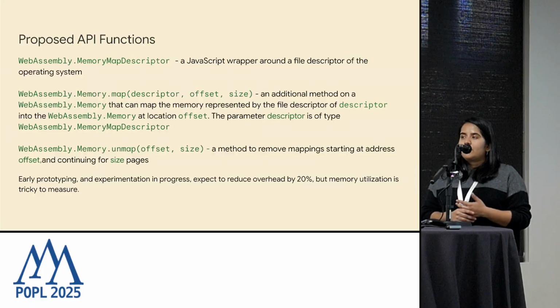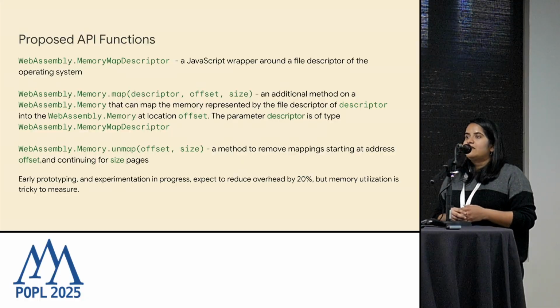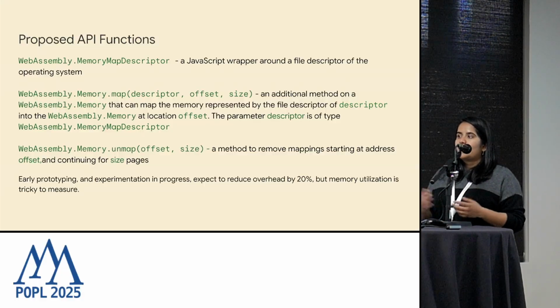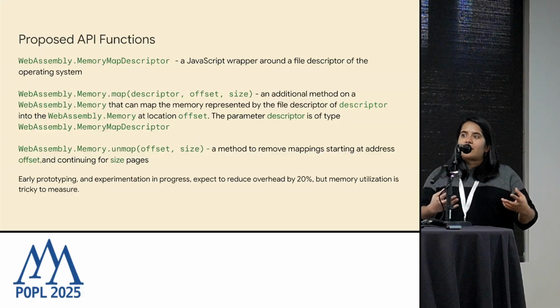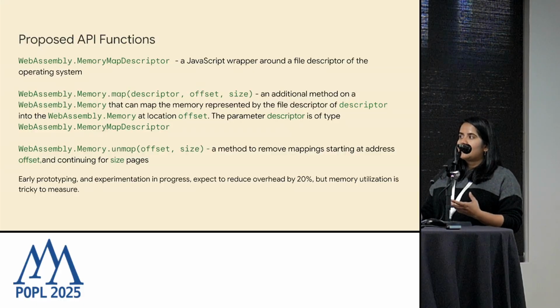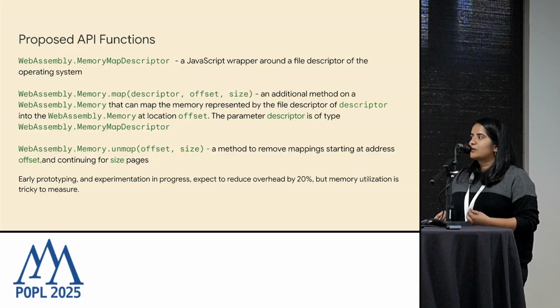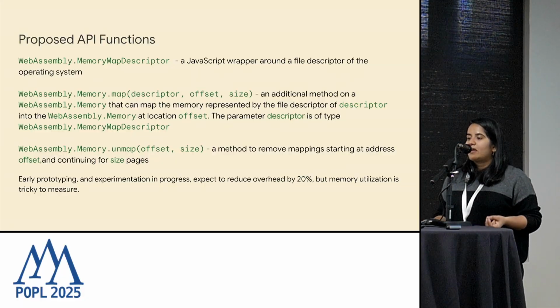So we have some proposed API functions here. We've been iterating over this with folks over on the WASI side as well. A lot of what we want to be able to do is when we have API functions, that they are consistent across JS and WASI API. So when we do want to bubble something into the core spec, that we have a consistent way of doing it.